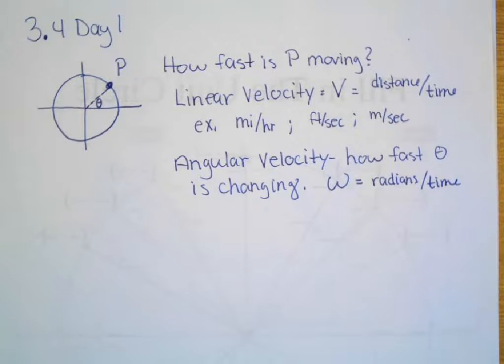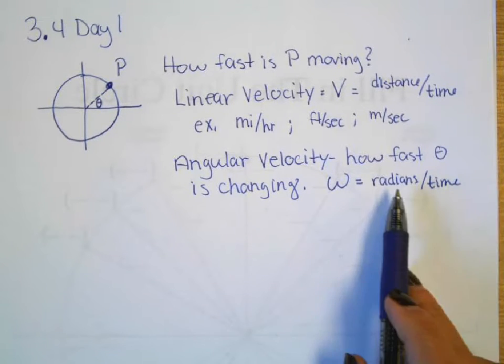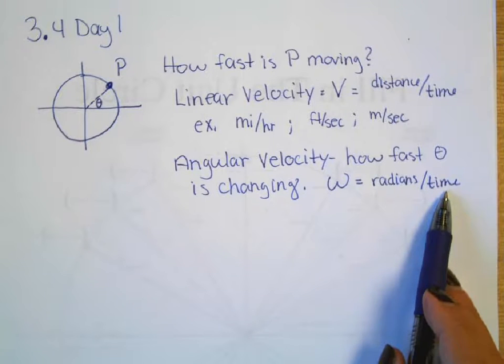It's still a velocity, so it has to have a per time, and it's how fast the radians are changing over time.